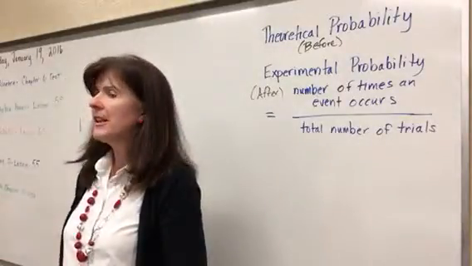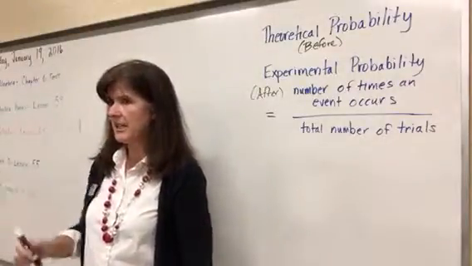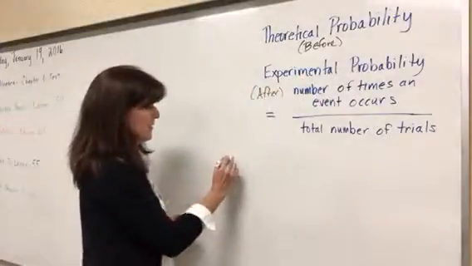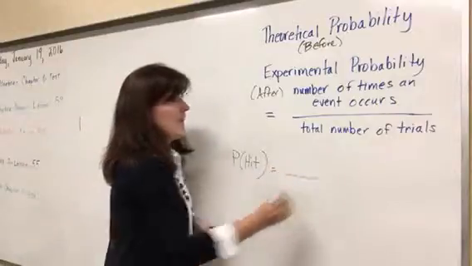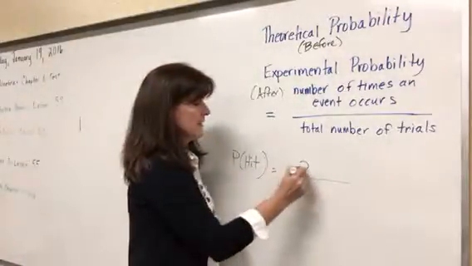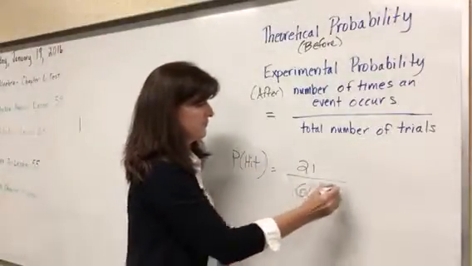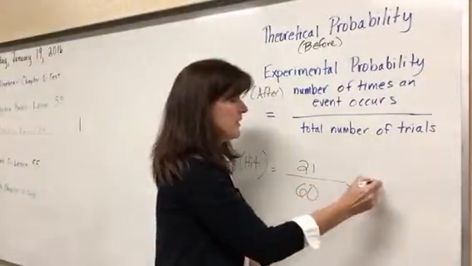What is the probability that when she goes up to bat the next time, she's going to get a hit? Based on experimental probability of a hit, how many times did she get a hit? 21. And what was the total number of tries? 60. 21/60, and that equals 0.35.